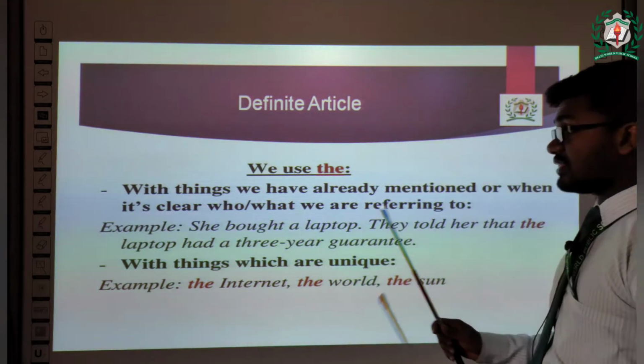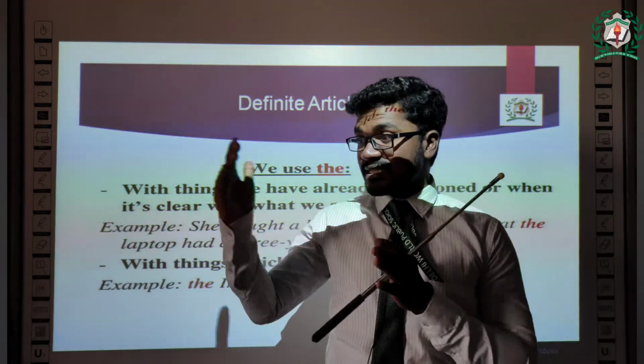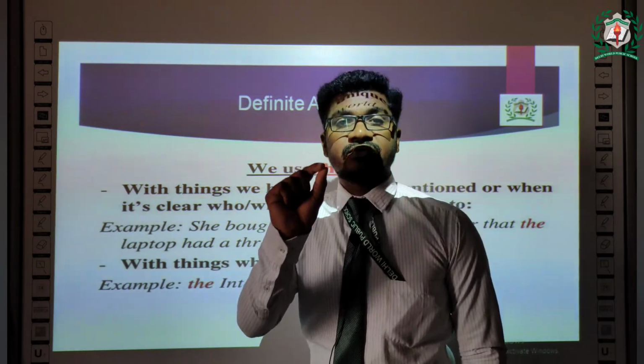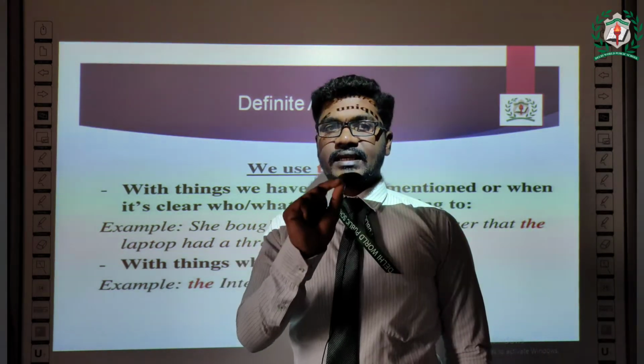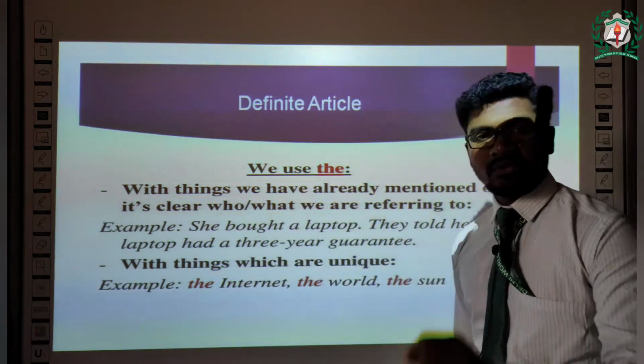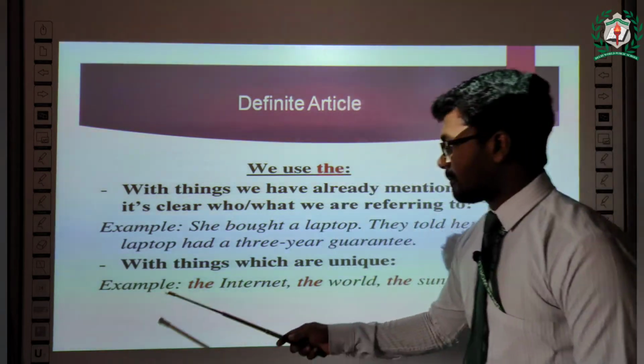Here they are using "the laptop", that particular laptop. They are not telling about some other laptop, but the particular laptop which has been given to her. So here they are definite about the laptop, so they are using "the".